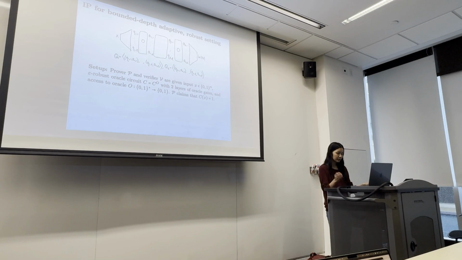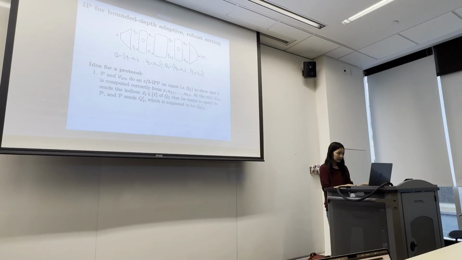The prover and the verifier are both given this input and this oracle circuit and access to this oracle, and he is going to claim that the output of C on input X is 1.